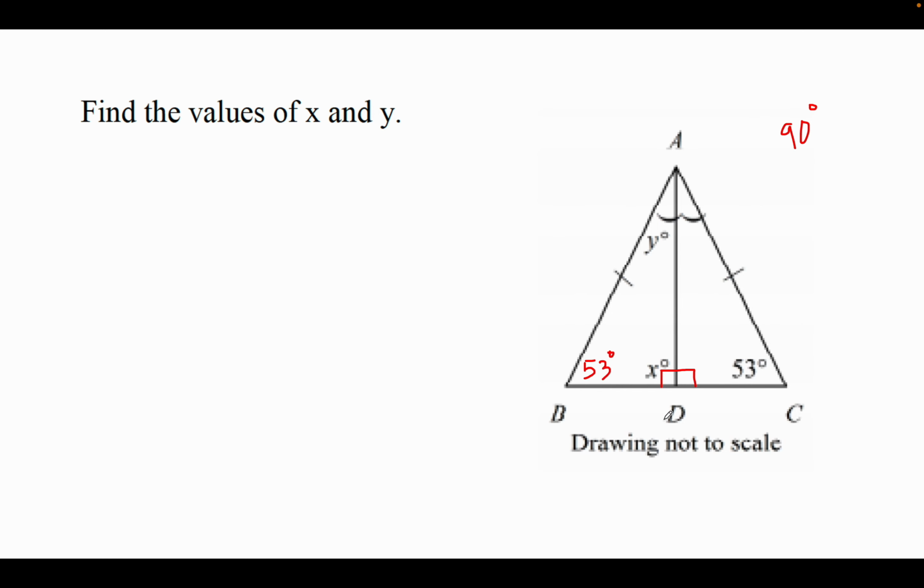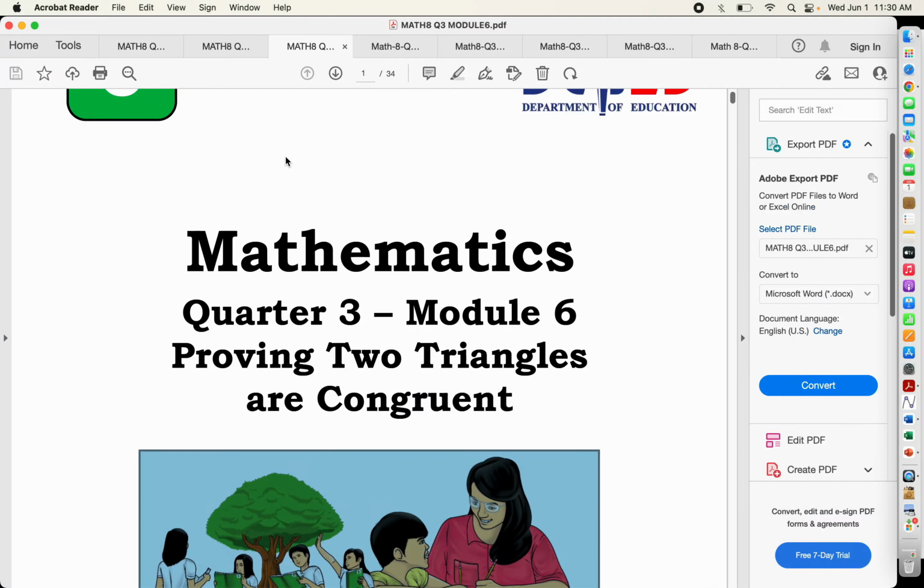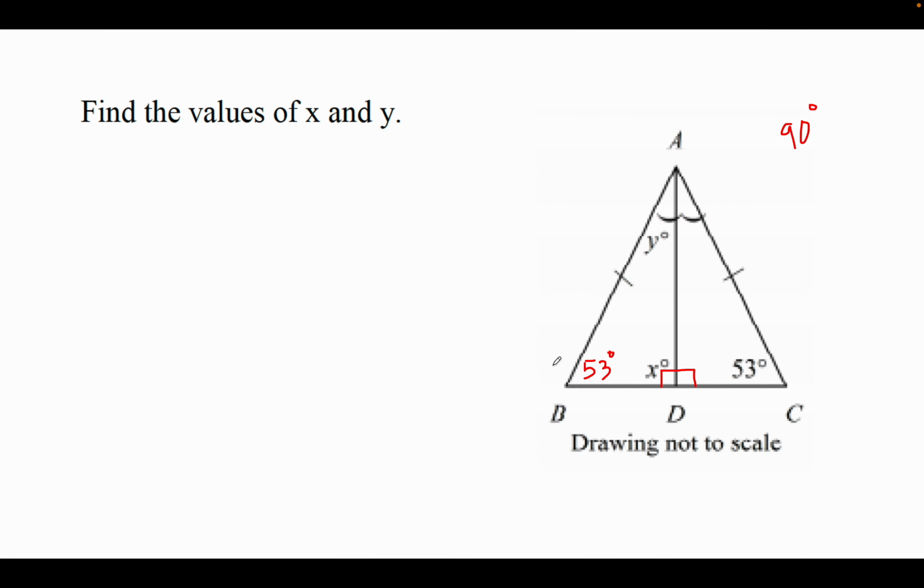Let me check muna sa module niyo, kasi we cannot assume na perpendicular sila dito, maliban lang kung binigay na line segment AD is perpendicular to line segment BC. Kapag perpendicular, then we can conclude that the two angles here are right angles, 90 degrees.